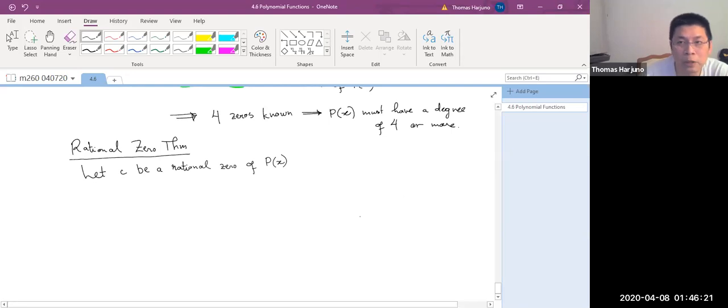The previous theorem talked about irrational and complex zeros. Now, if c is a rational zero, what does rational mean? c is rational means you can write it as a fraction.